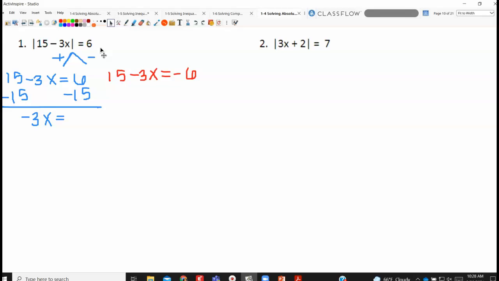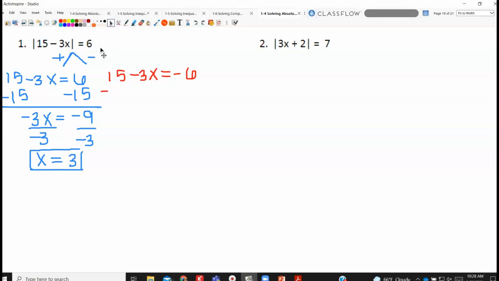Then you take 6 minus 15, which is negative 9. Divide both sides by negative 3. And we get x equals 3.